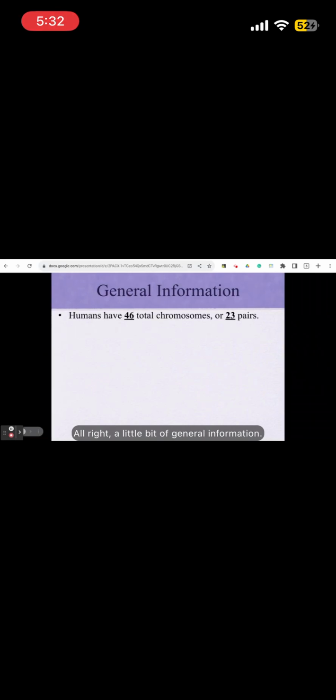All right, a little bit of general information. Humans have 46 chromosomes, total 23 pairs. And in eukaryotic organisms only, these organisms have small proteins that assist in folding and packaging DNA molecules. DNA is a really big, long molecule.